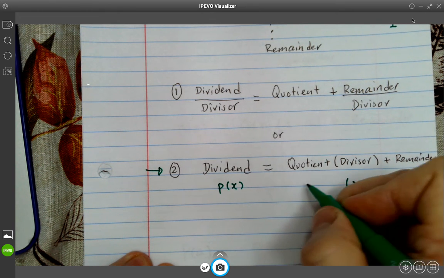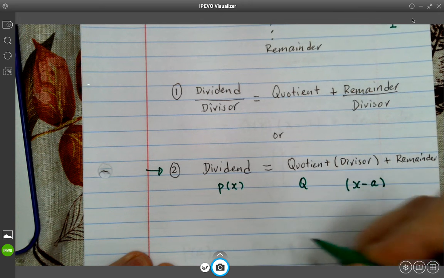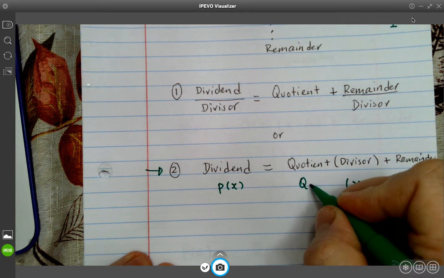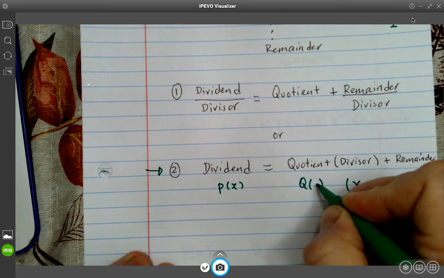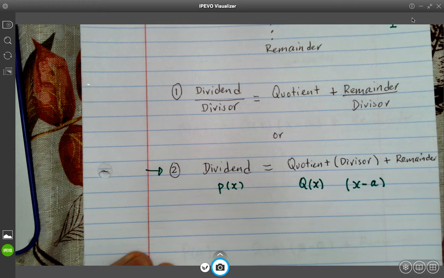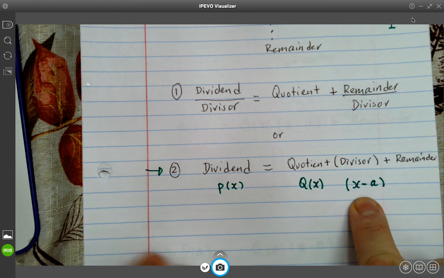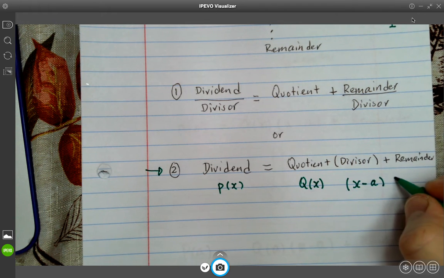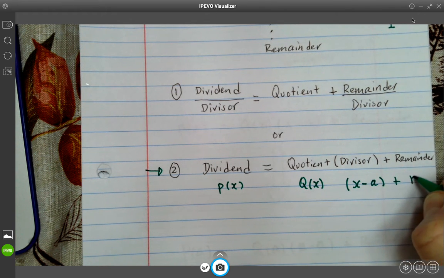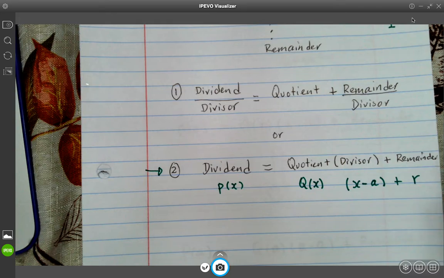So clearly I'm going to get a quotient, and that is going to be a polynomial. More than likely it'll have a variable x somewhere. So it'll be the quotient q of x times x minus a plus the remainder. We can use r for remainder for right now, okay?